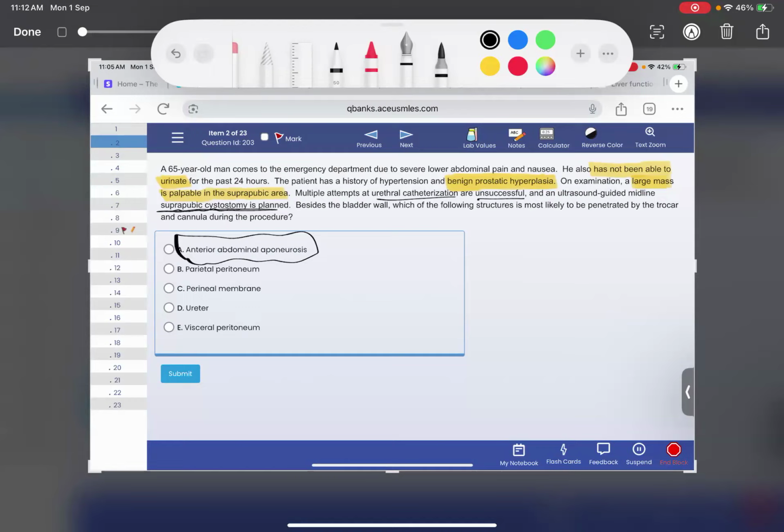So what is the anterior abdominal aponeurosis? The abdominal muscles like external oblique, internal oblique, and transversus abdominis end over here like this, and then we have these ligaments. Let's say this is the linea alba, right? And same over here.